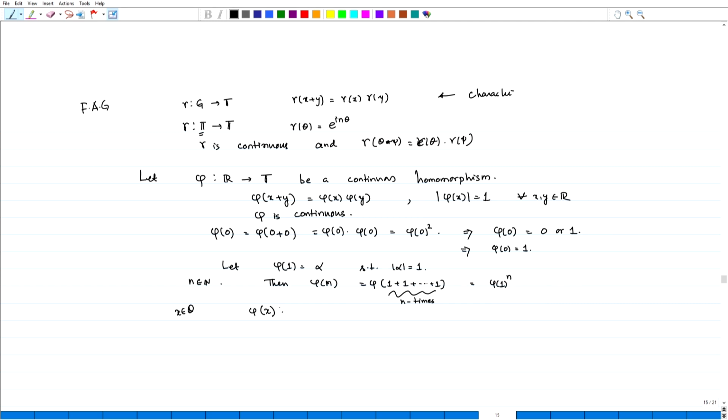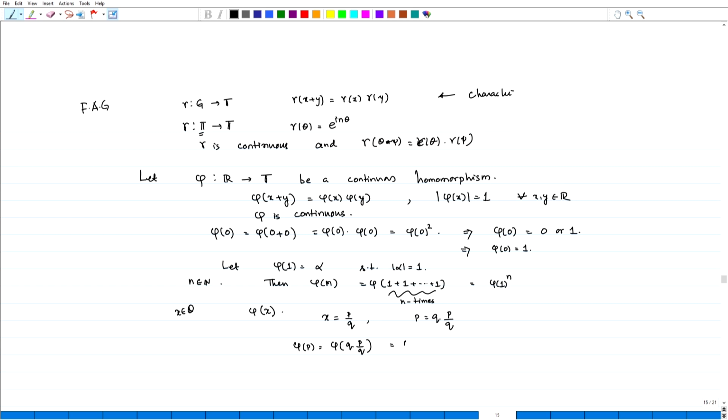So, x in Q means x is equal to p by q. Therefore, p is equal to q times p by q. So, phi of p is equal to phi of q times p by q, where q is a non-negative integer.